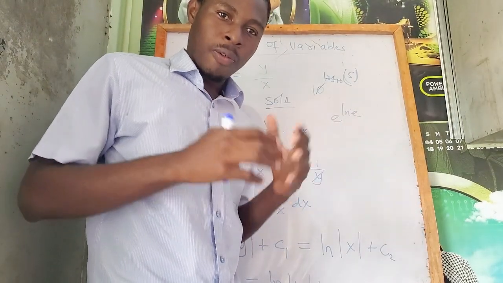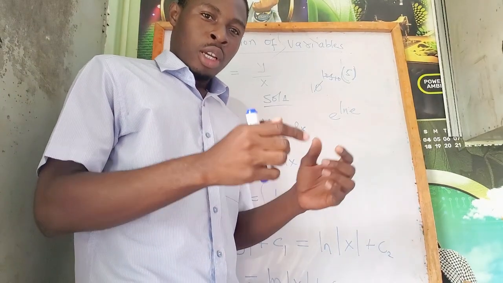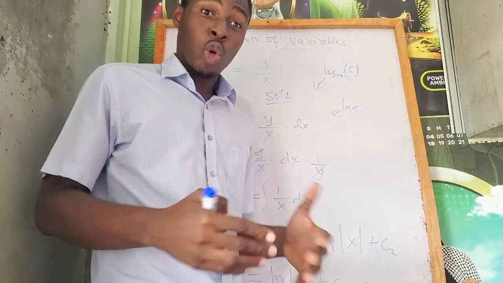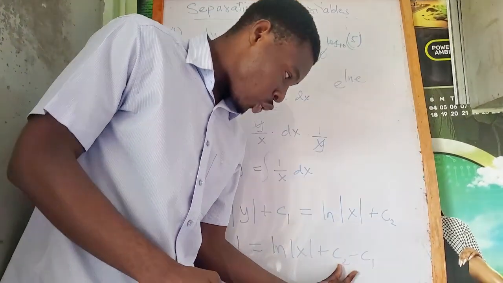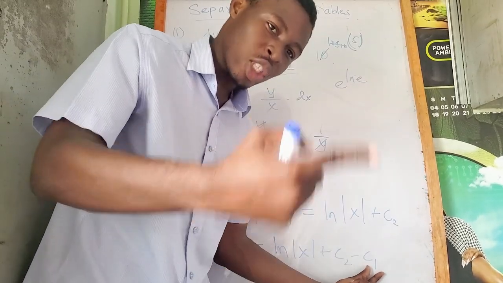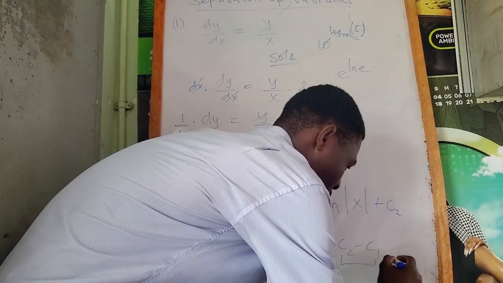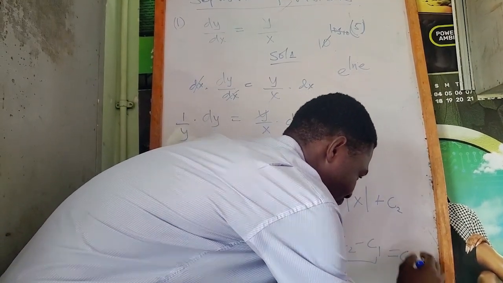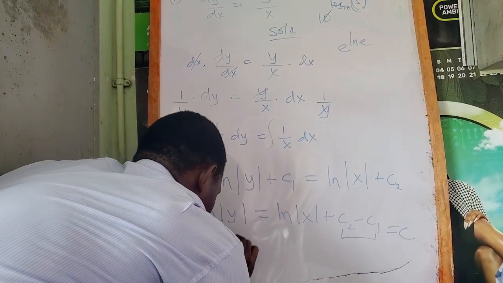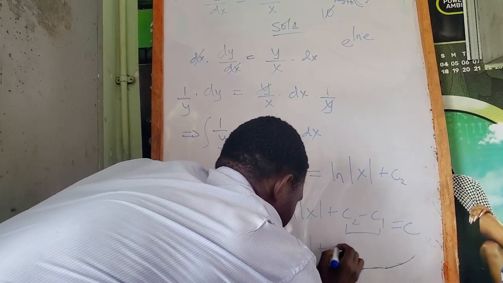Take 5 for example. 5 is a constant, 3 is also a constant. If you take 3 away from 5, you get 2, but 2 is also a constant. So c2 minus c1 will give you another constant, and let's call that constant c. So we can say that ln of y will be equal to ln of x plus c.